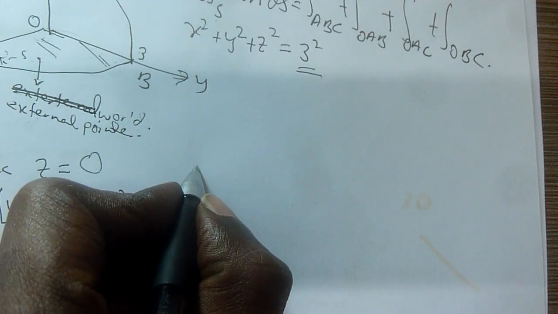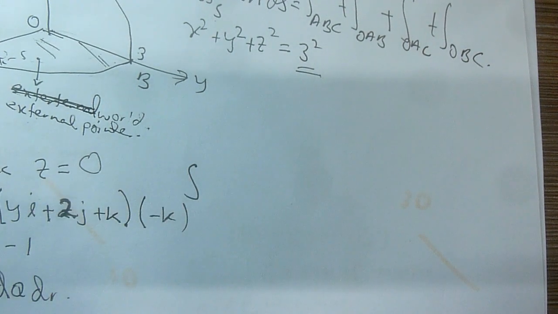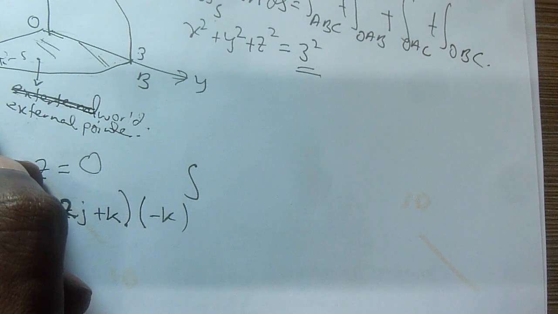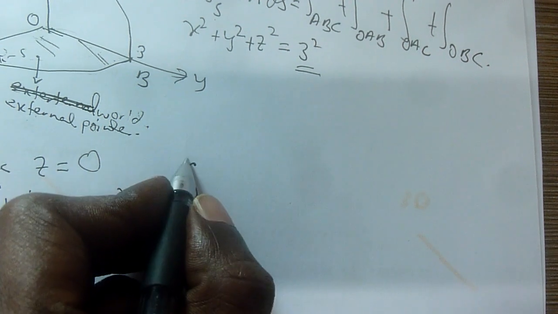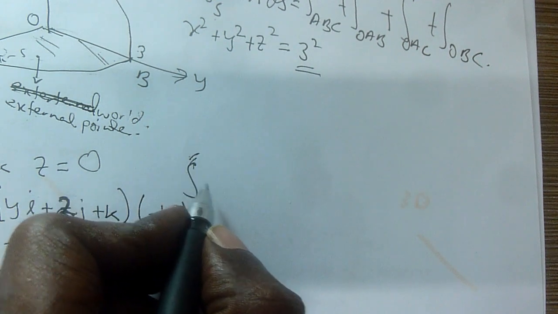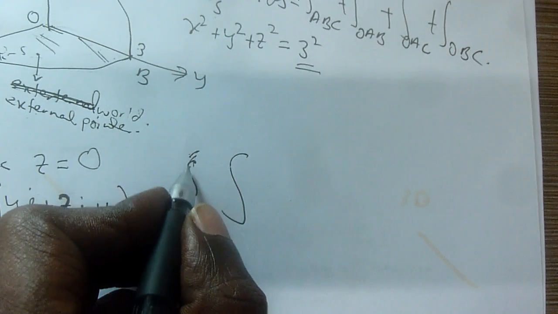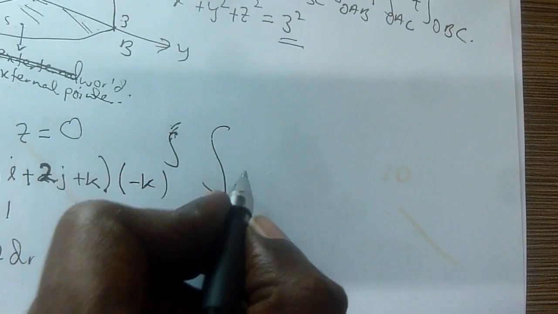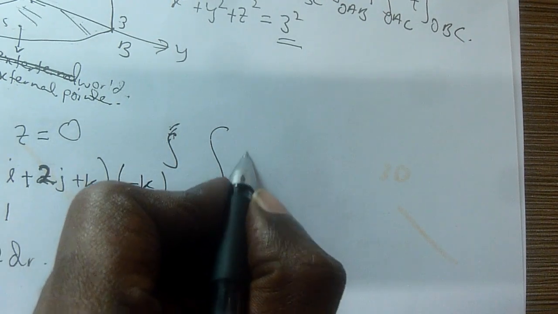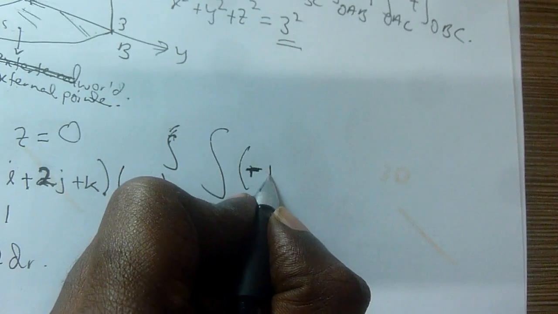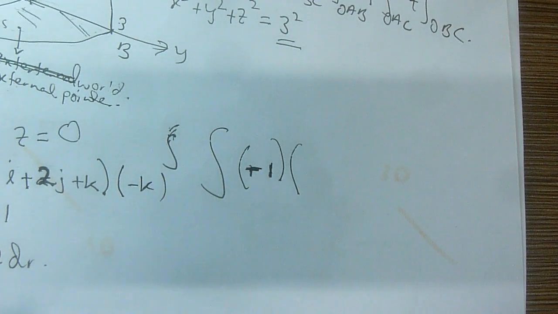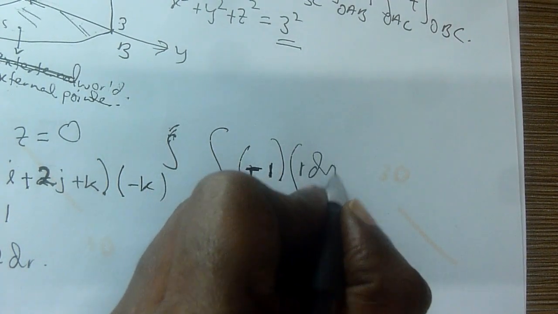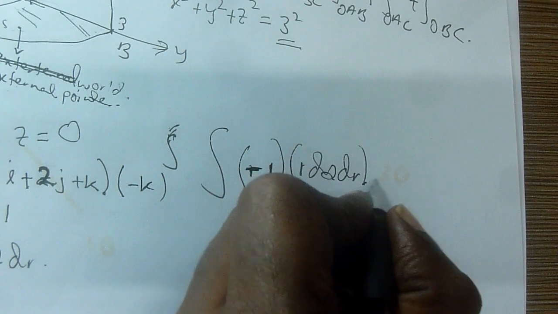In this case, OAB, right? In this combine negative 1, r dθ dr. Answer?